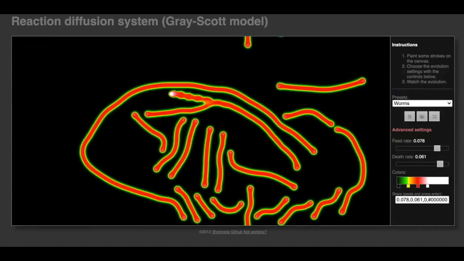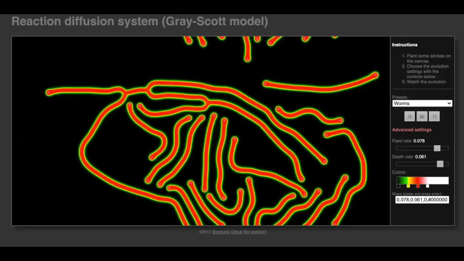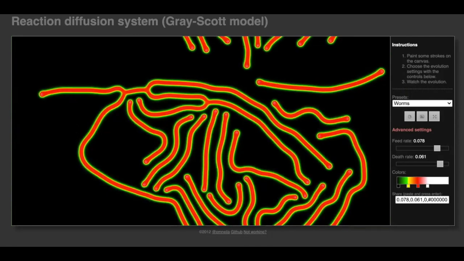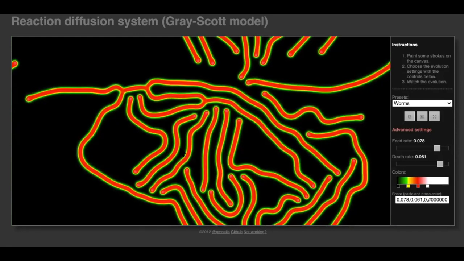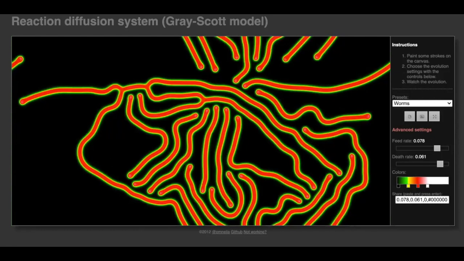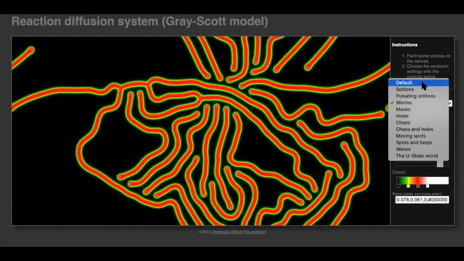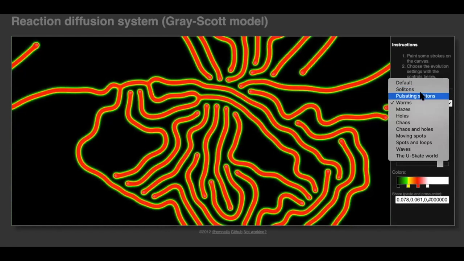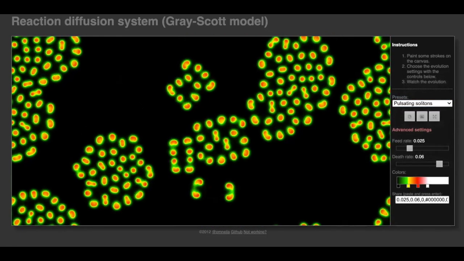So these kind of behaviors can actually be observed in chemical systems. So there have been, for example, the CIMA system has been studied in a gel reactor where we can see these kind of patterns, right? So pulsating solitons, I really like these ones.